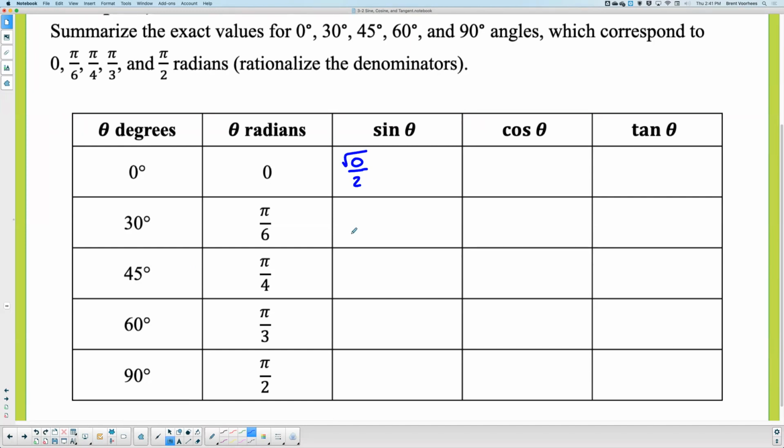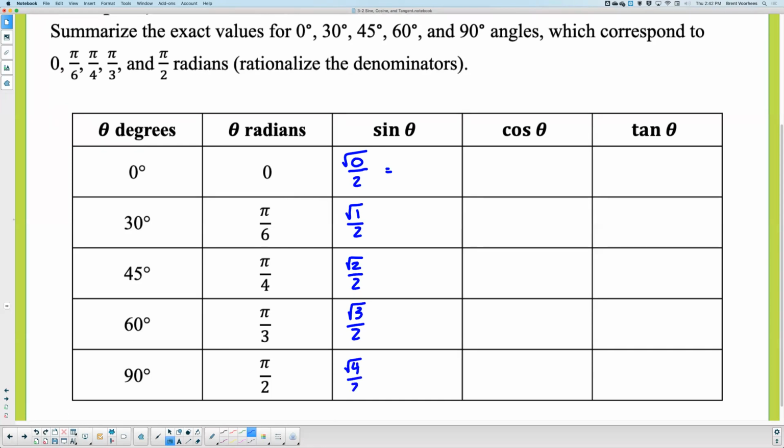Sine at pi over 6 is going to be the square root of 1 over 2. Sine at pi over 4 is going to be the square root of 2 over 2. Any predictions on what sine at pi over 3 is going to be? Square root of 3 over 2. And finally, last one. What about at pi over 2? Square root of 4 over 2.